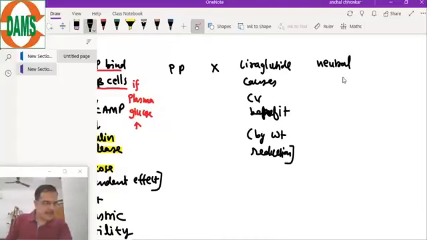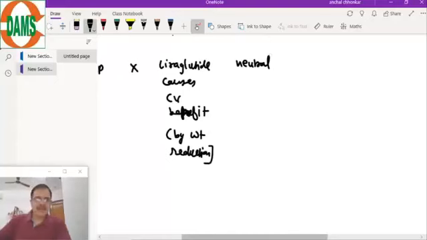Now, coming to how it causes the weight loss. The main effect here is early satiety, loss of appetite. It causes the weight loss due to loss of appetite from early satiety. So the main side effect here is weight loss.